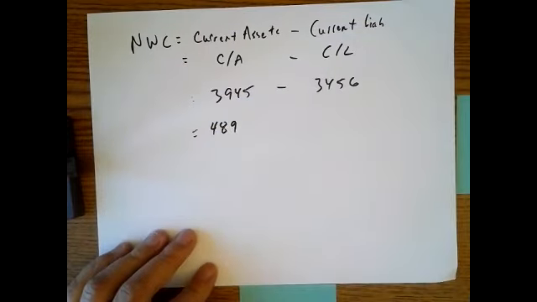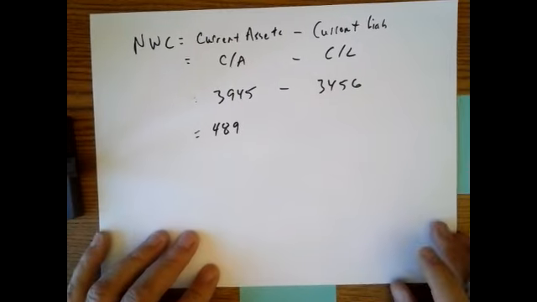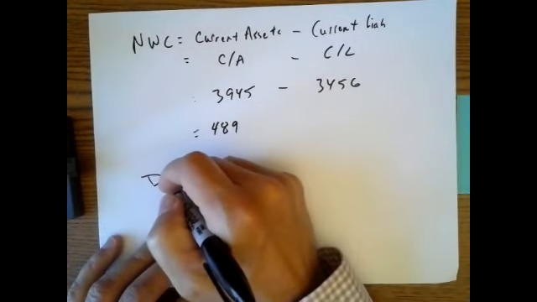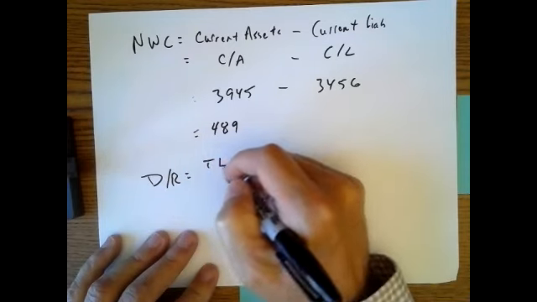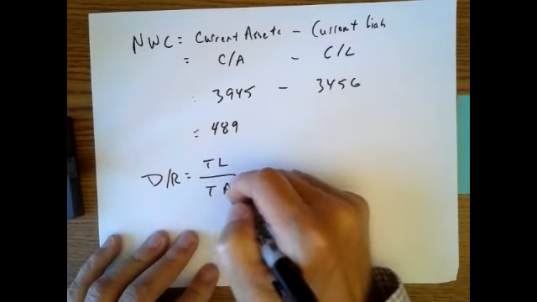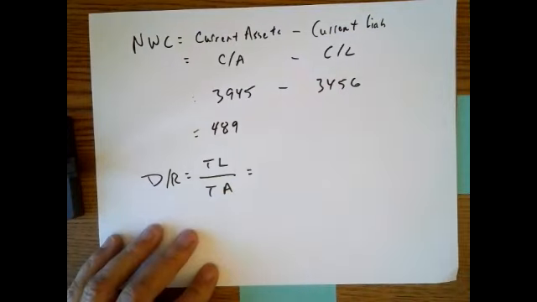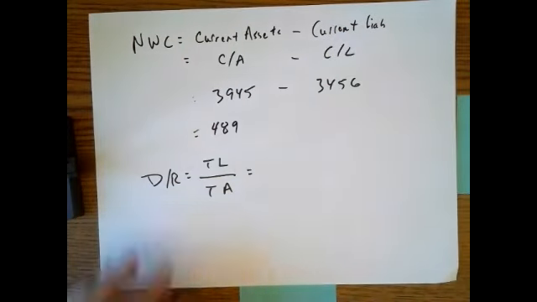Okay. Next question. What is Best Care's debt ratio, and how does it compare with Sunnyvale's debt ratio? Debt ratio, which we'll abbreviate as DR, is equal to total liabilities divided by total assets. Total liabilities, not current liabilities, are 7,751.